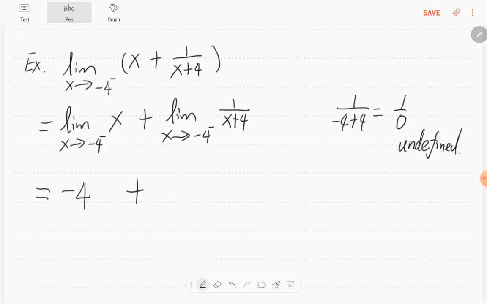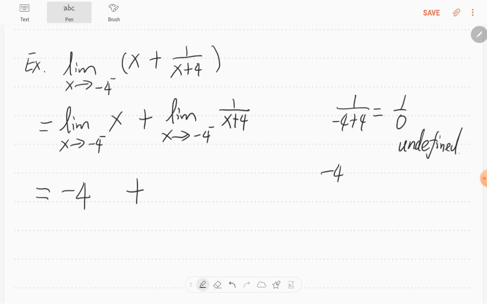But we can look at x approaches negative 4 minus. Let's look at the denominator, x plus 4.